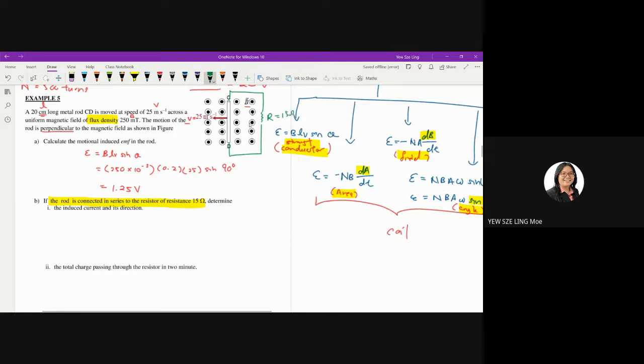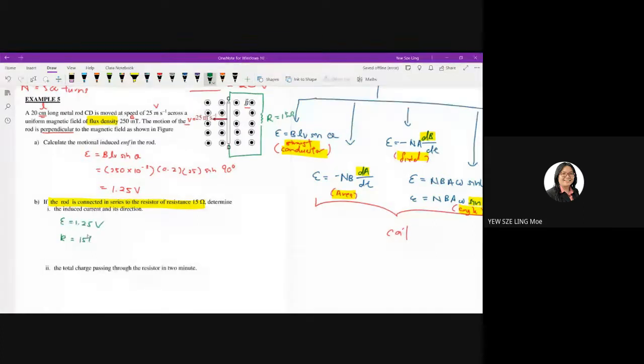What is going to happen right here? I'm going to move this conductor, and now it's connected to a resistor. So what is the induced current, the current flowing in this circuit as you move it? Since you have EMF equals 1.25 volt, and R equals 15 ohm.